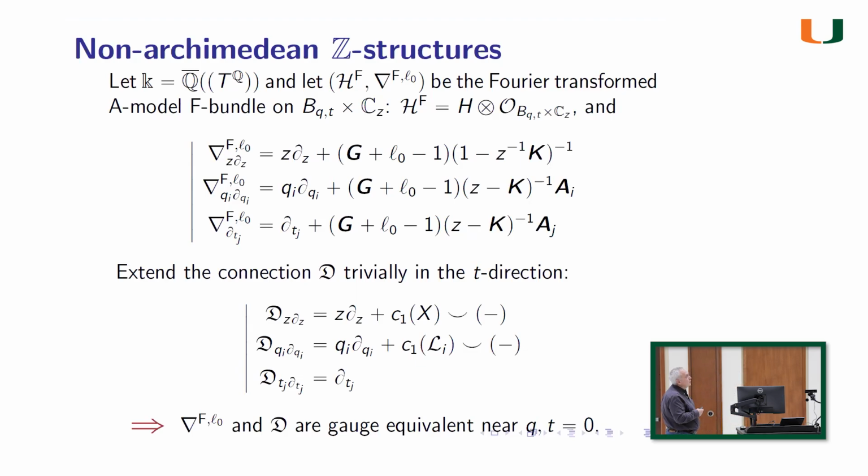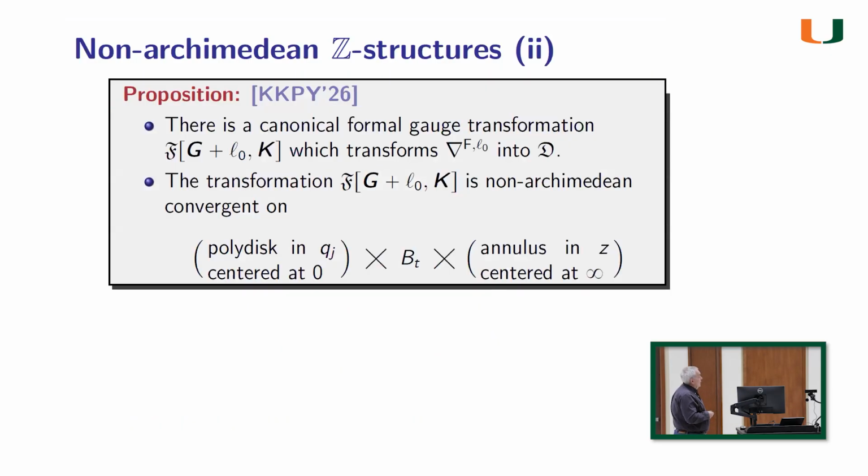You can check that these two are gauge equivalent near T equals 0, Q equals 0. So the gauge equivalence is the same one we used in the classical case. Now there is a canonical formal gauge transformation F depending on G plus L0 and K, which transforms one into the other.